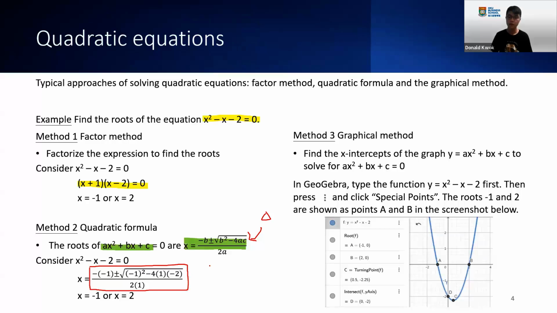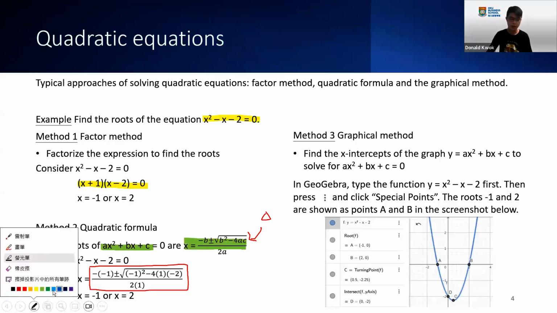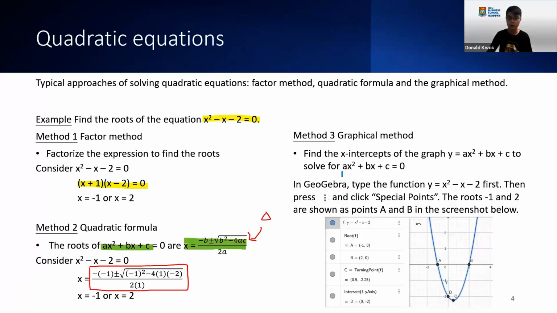And finally, method 3 is to solve the quadratic equation using a graphical method. If we are trying to solve ax squared plus bx plus c equals 0, then you can find the x-intercepts of the quadratic graph y equals ax squared plus bx plus c. In step 3, I'm plotting the graph of y equals x squared minus x minus 2.